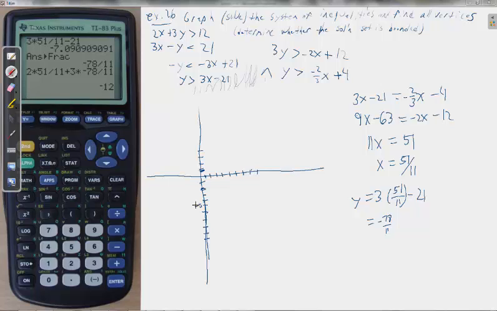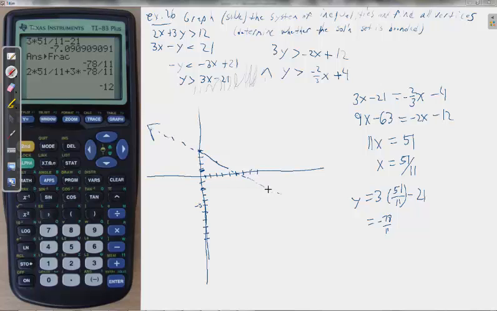So let's see here. Oh, it has a y-intercept at 4, goes down 2 over 3, down 2 over 3, and again I forgot it has to be dashed.